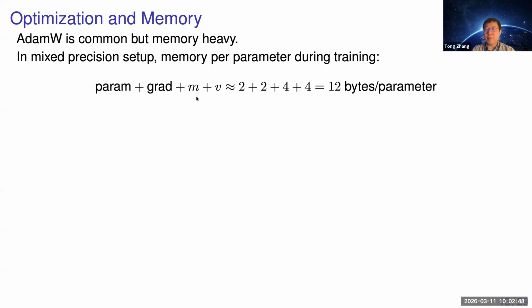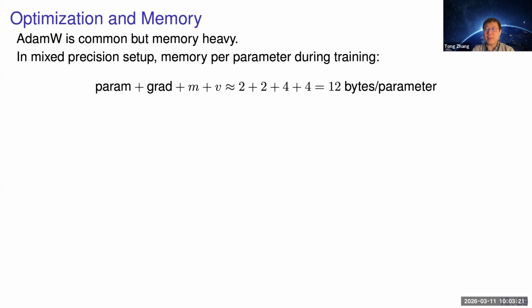If you say optimization states, M and V, which are the parameters you need to save in your Adam computation, then the first two have 2-byte precision, so 2 plus 2. Then you have 4 bytes of your optimization state. This has to be 4 bytes because if you start to reduce that, it will introduce problems into your optimization.